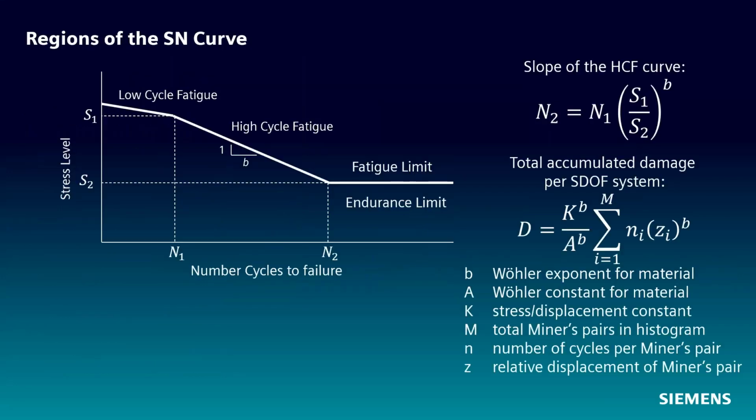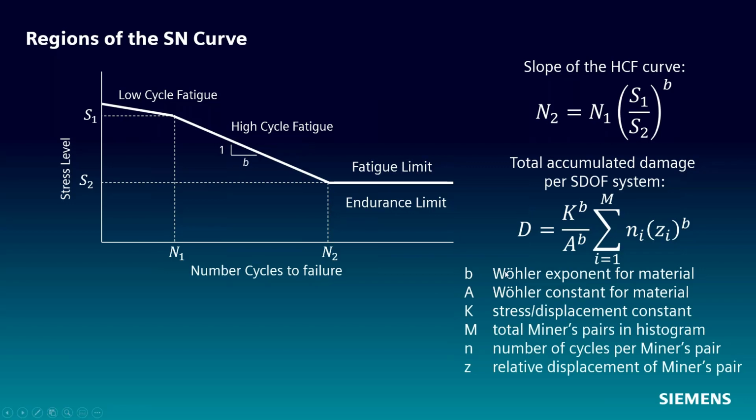We went through this calculation. In reality, we pretty much do all these steps at once with this equation here. We have our stress displacement constant, that's a material property. We have our Wohler exponent B, which is from our SN curve, and our Wohler constant A, which is also from our SN curve.